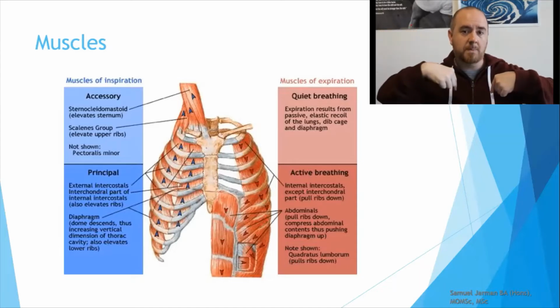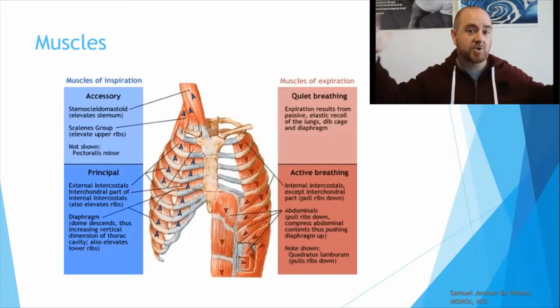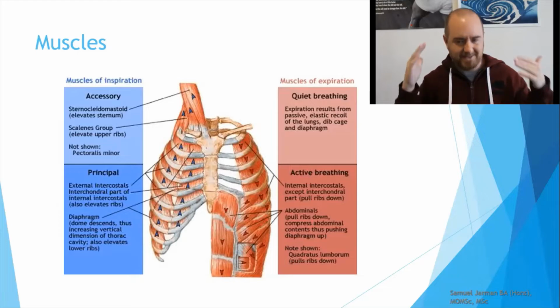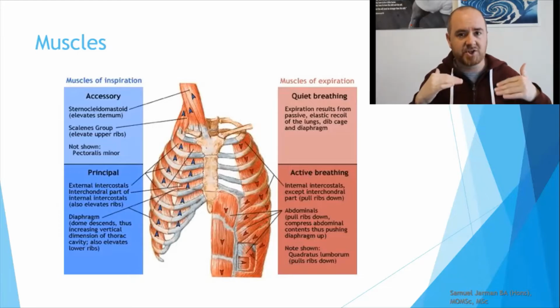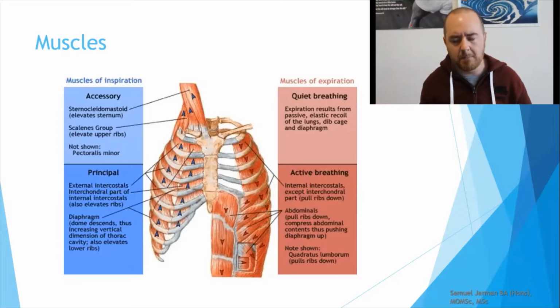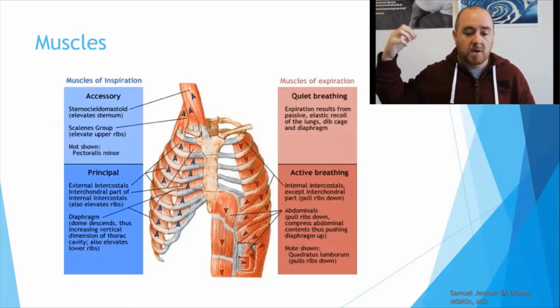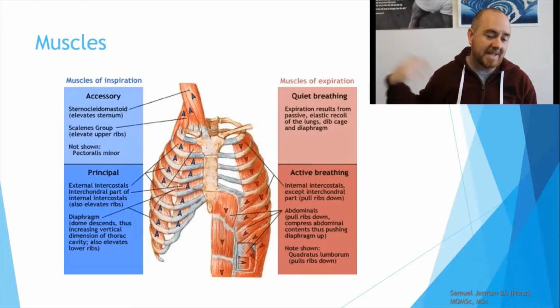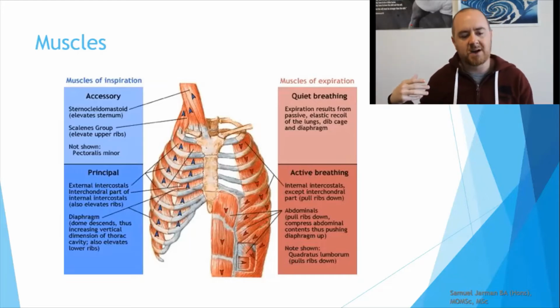So the pressure drops with respect to the external environment, and then you create a vacuum. So most of inspiration is done by the diaphragm. Some in a quiet setting may be done by the external intercostals.